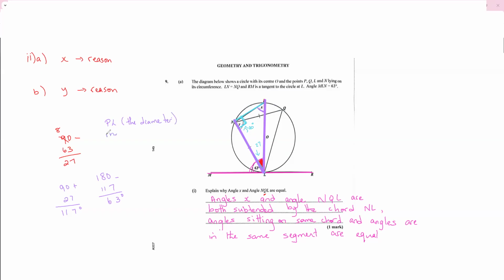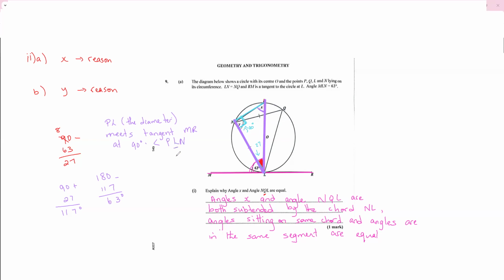meets tangents MR at 90 degrees, right? So we know that this here has to be 90 degrees. So we explain that angle PLN.